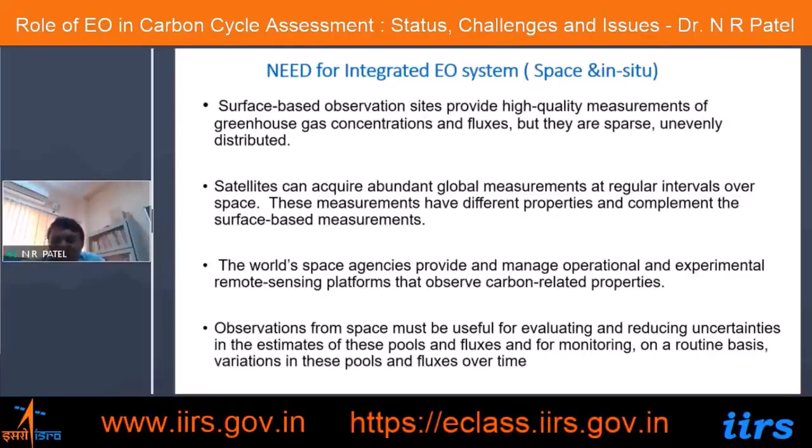Observation from space is mainly useful in evaluating and reducing uncertainty in the estimation of these carbon pools and fluxes, monitoring, and also variation in these pools and fluxes over time. Because these observation sites are very limited in most developing countries.